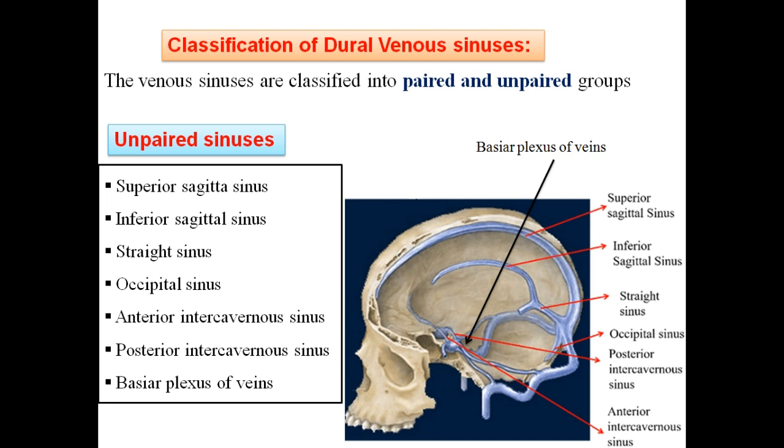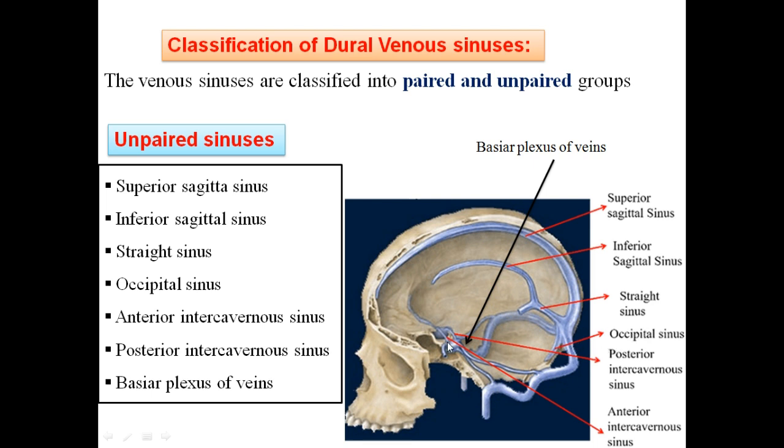Classification of the dural venous sinuses, for our convenience, is divided into paired sinuses and unpaired sinuses. Unpaired sinuses are the superior sagittal sinus, inferior sagittal sinus, straight sinus, and a very small sinus in the occipital bone, that is the occipital sinus.